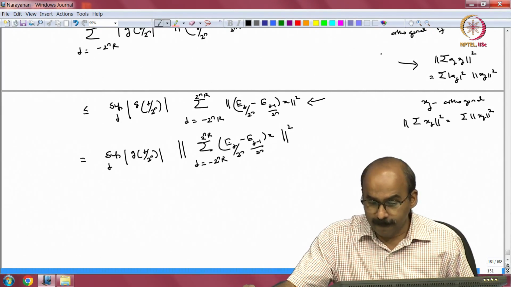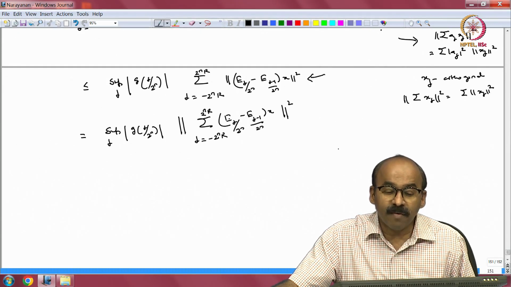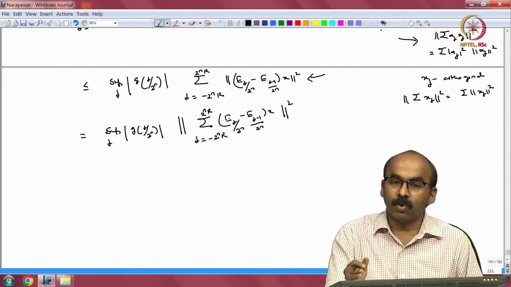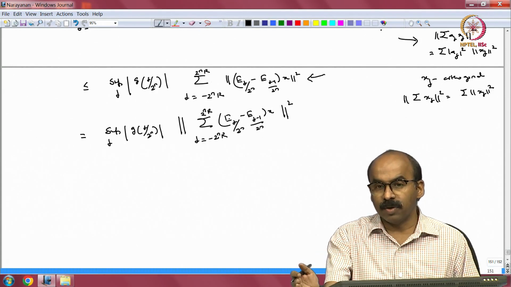But now you have a telescoping sum, so the middle points will get cancelled, and only the first one and the last one will remain.